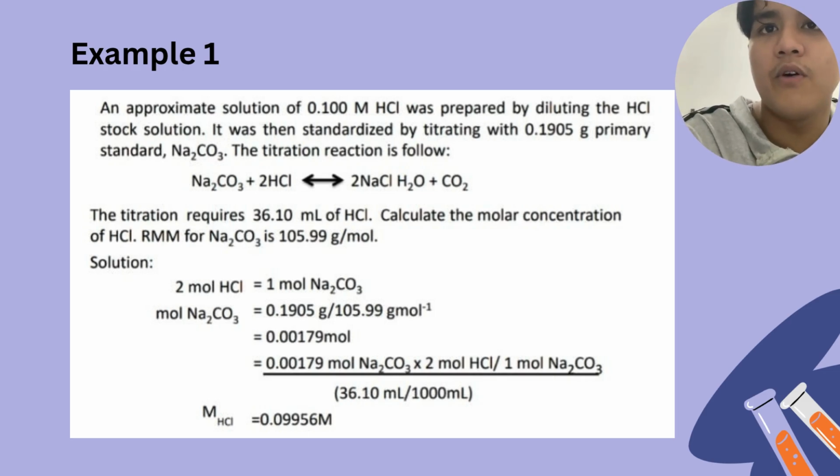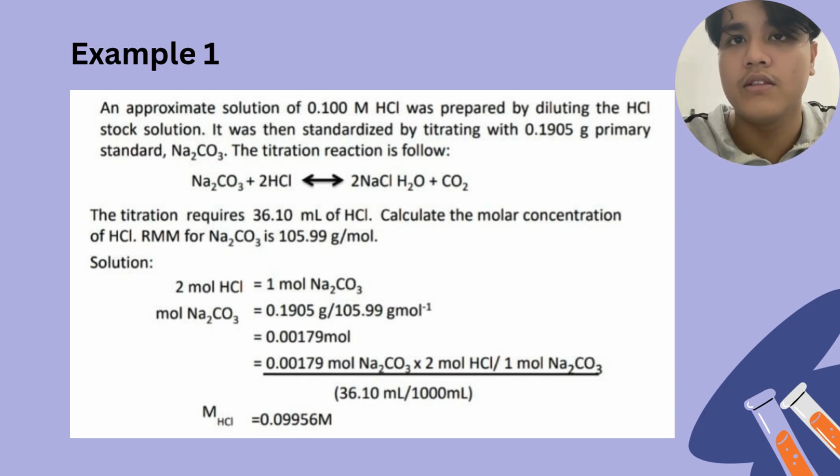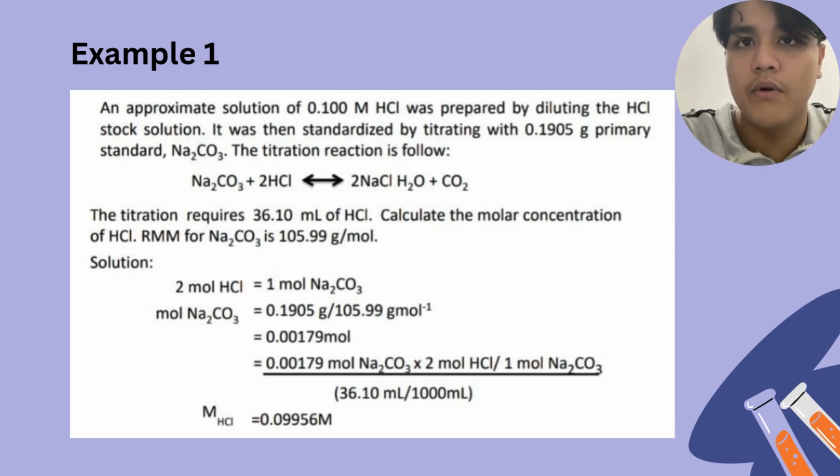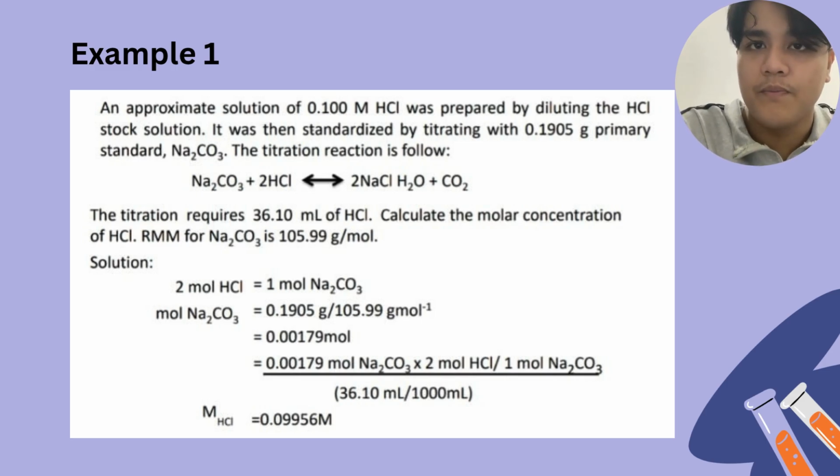The RMM for Na2CO3 is 105.99 gram per mole. For the solution, 2 mol HCl is equal to 1 mol Na2CO3. Then, mol Na2CO3 is equal to 0.1905 gram divided by 105.99 gram per mole. We got 0.00179 mol.